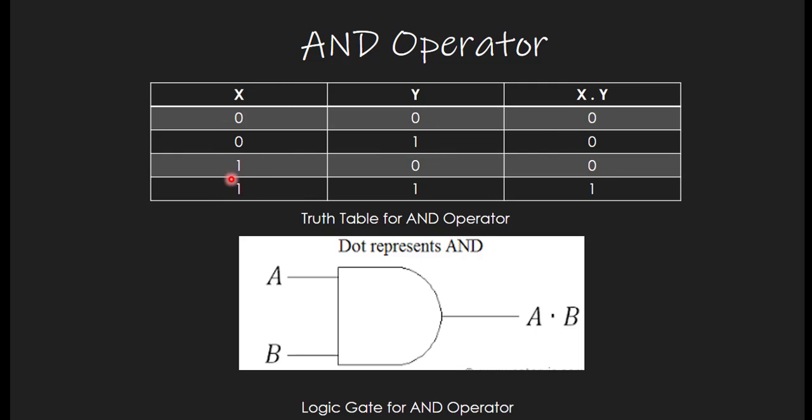And when x is 1 and y is 1, the output will be 1. We can represent this AND operator by the logic gate as shown here. This logic gate takes two inputs, A and B, and it produces only a single output, which is represented by A dot B.